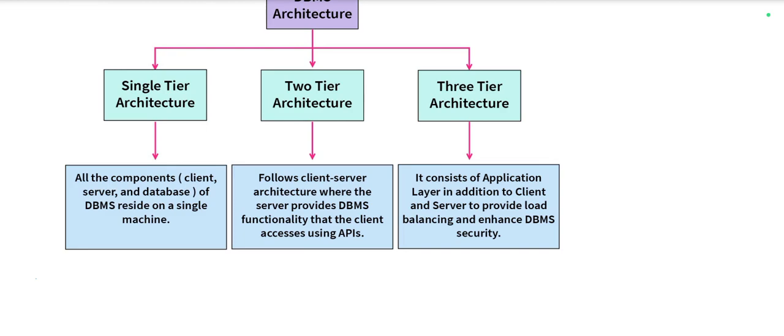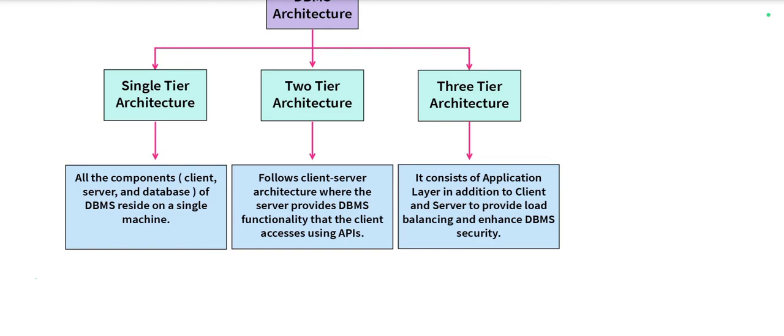And the three tier architecture consists of an application layer in addition to the client and server, to provide load balancing and enhance DBMS security. In the three tier architecture, we add this third layer, the application layer, which handles the operations in the middle between the user and the database.